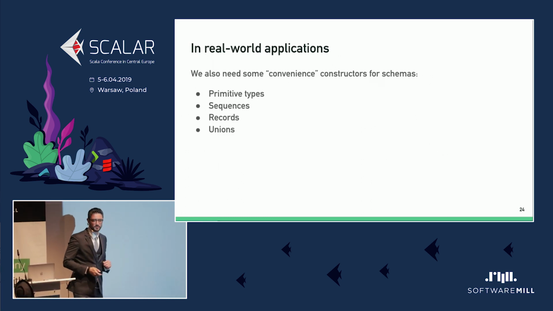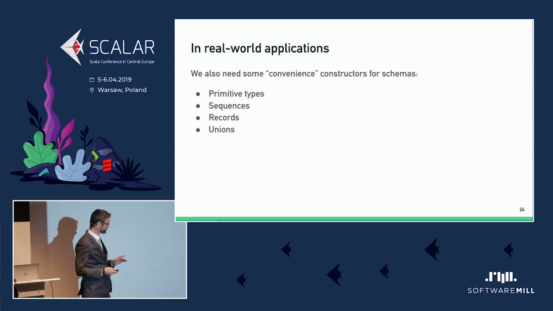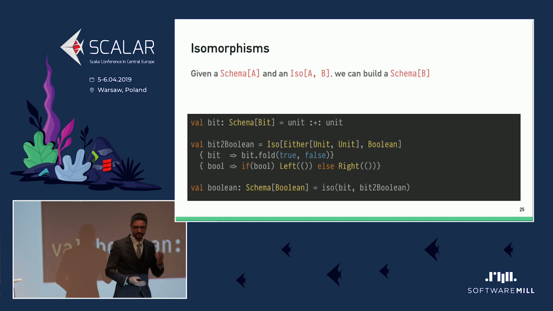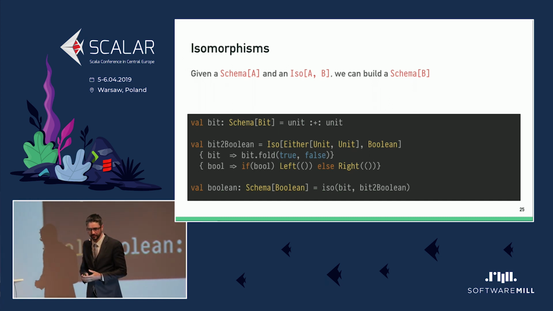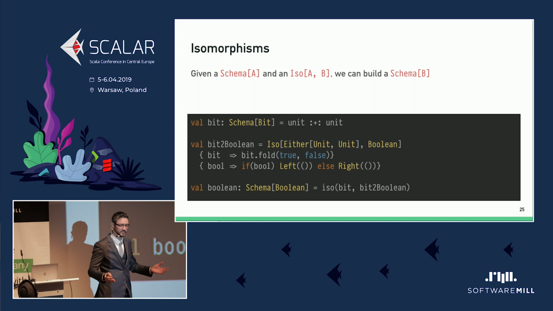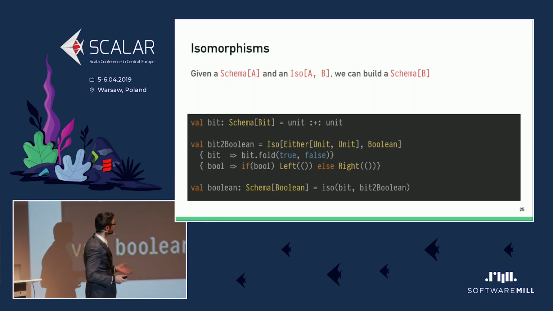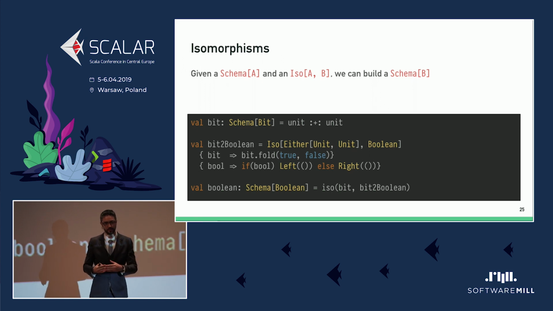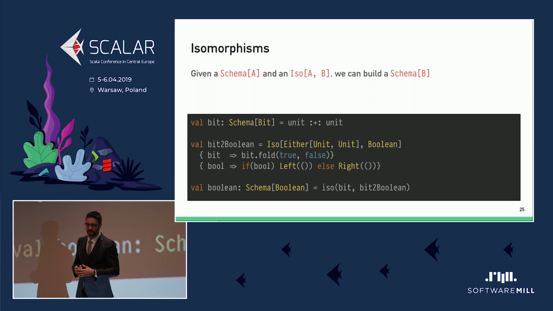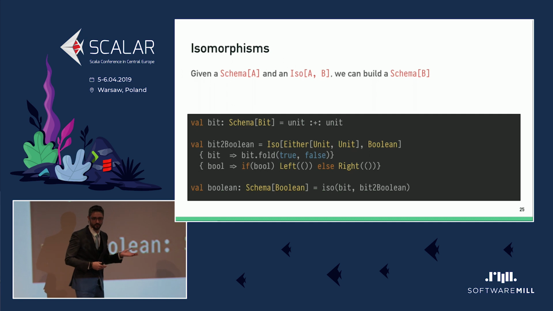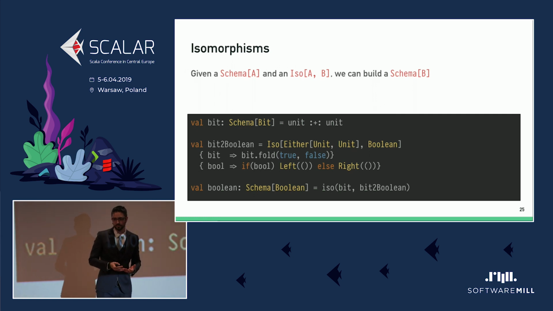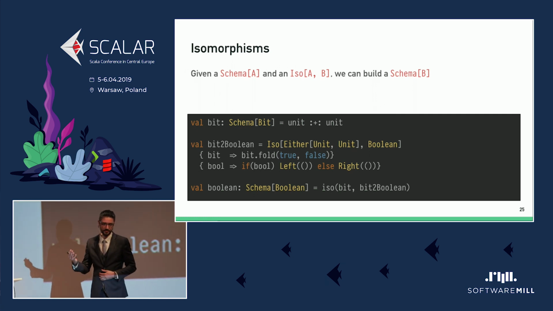I won't dive into the details for that, but I must tell you how this is possible. And this is possible thanks to the notion of isomorphism. An isomorphism is merely a pair of functions that are inverse of one another, right? And so when you have a schema for a type A and an isomorphism from A to B, it's all you need to be able to talk of the type B as a schema.